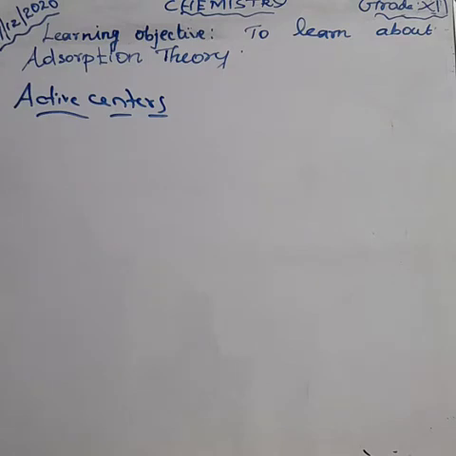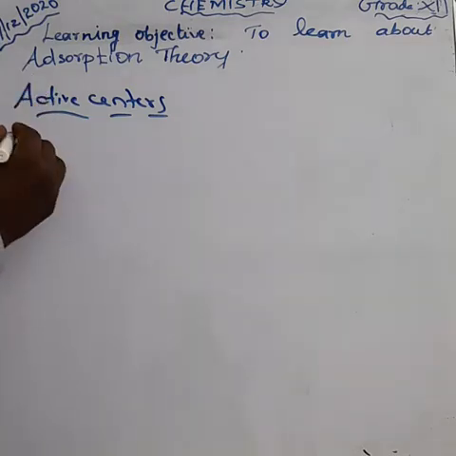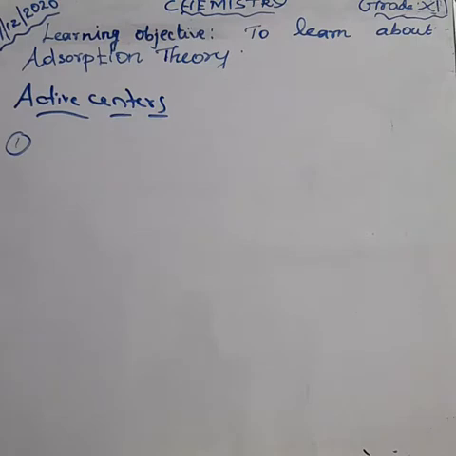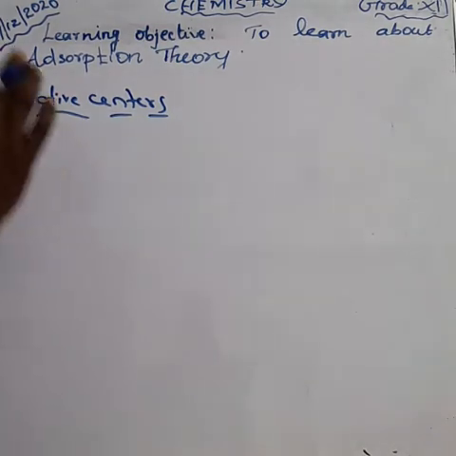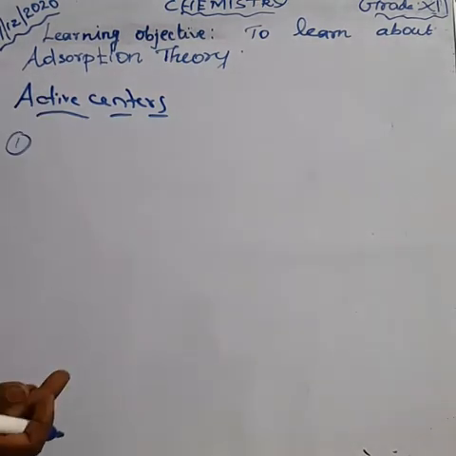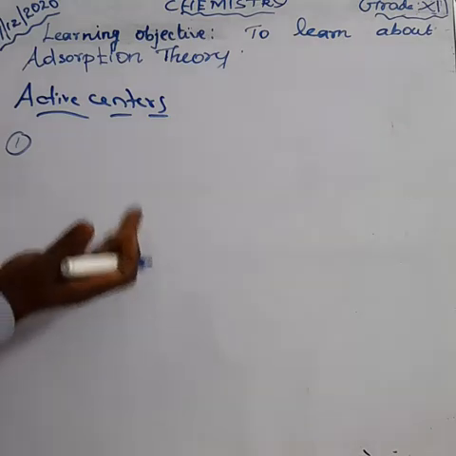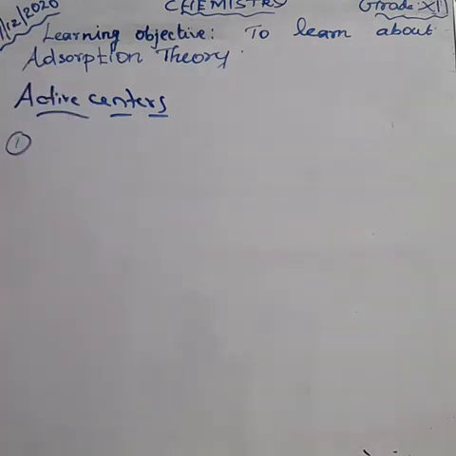The presence of such active centers increases the rate of the reaction by adsorbing and activating the reactant. That's the first point. As per the active centers, we have some important points. The first point is to increase the surface area of the metal or metal oxide by reducing the particle size.